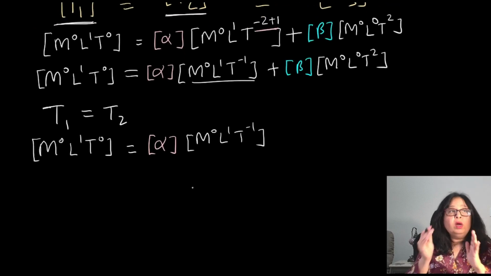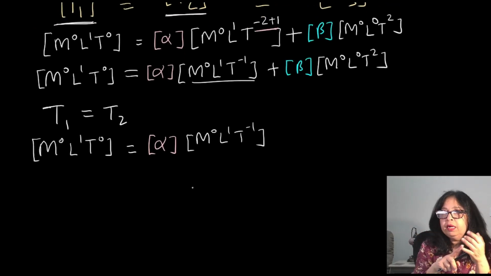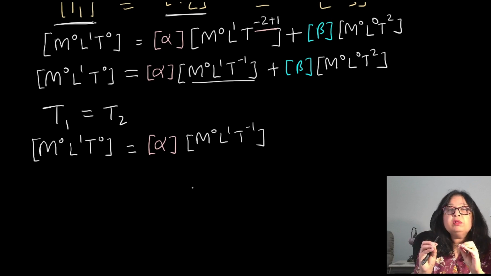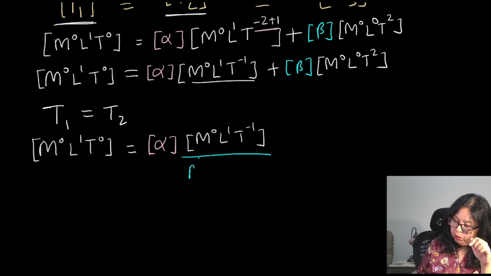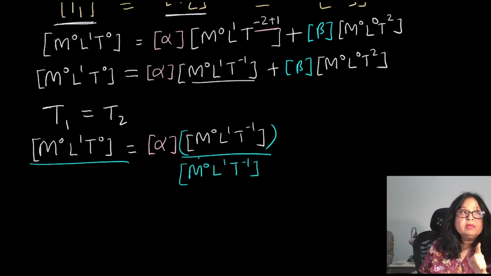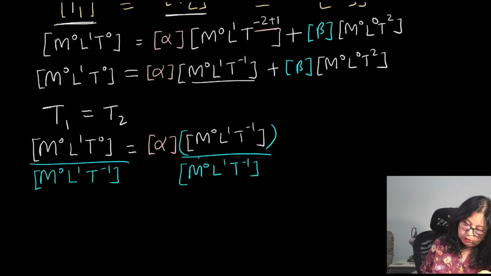Now I want the dimensional formula for alpha, which means we want to isolate alpha, all by itself. To get rid of whatever is multiplying alpha, we divide by the thing that multiplies alpha, M0 L1 T minus 1. But if you divide on one side, you have to divide on the other side of the equation, so we divide by M0 L1 T minus 1.